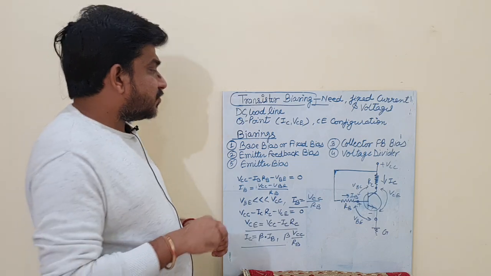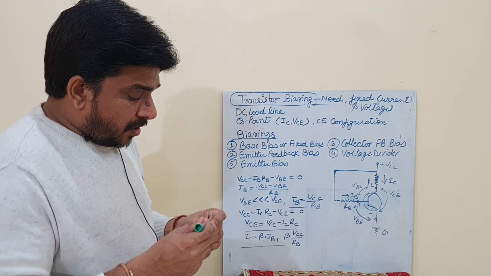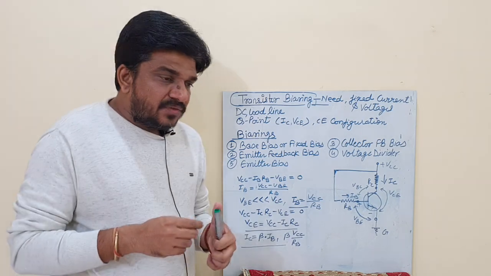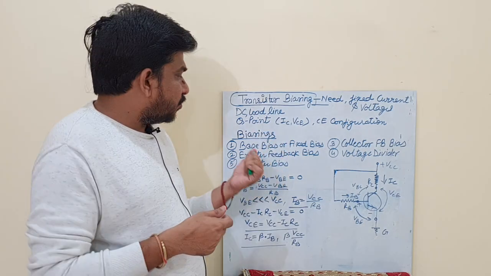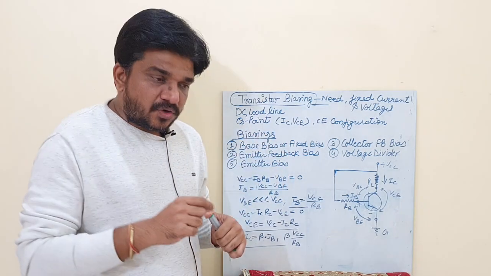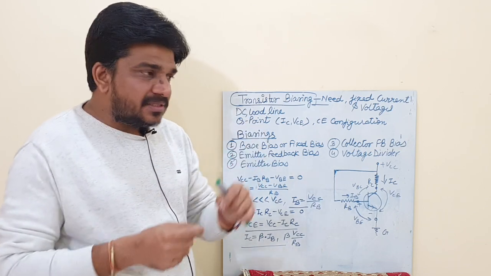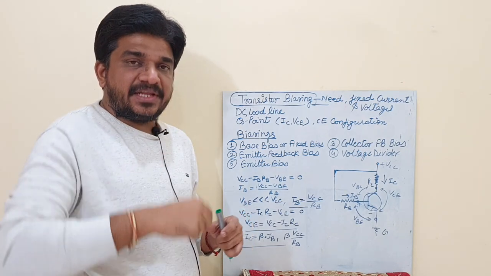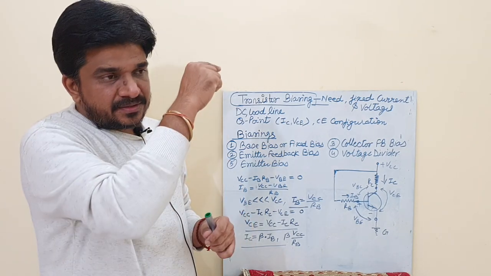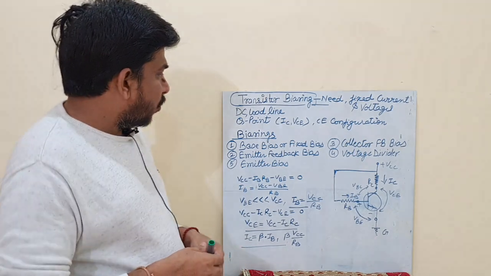Now the next thing comes: what is that Q point and what is the DC load line? When we are finding out the Q points, for various output currents and measuring the input variables, we place many points on different characteristics levels, and finally when we make a line, we call it a DC load line.